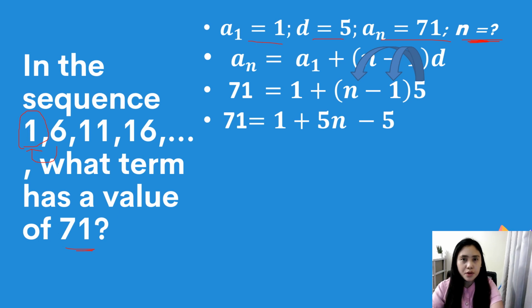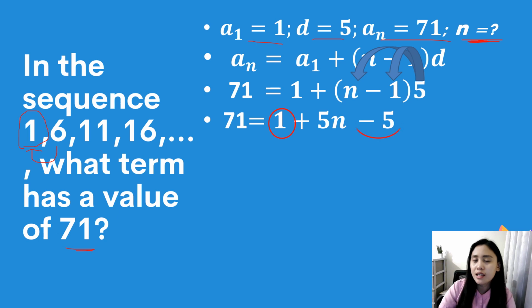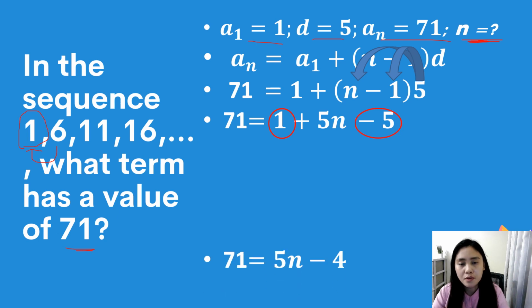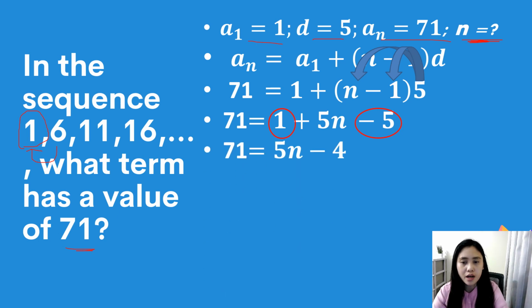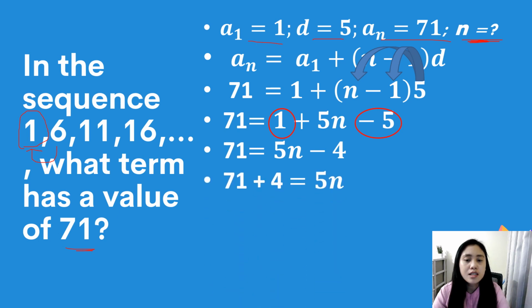Next step, we can combine positive 1 and negative 5. So just copy the other terms and then combine these two. From there, we'll have 71 equals 5n minus 4. Applying the addition property of equation, we will have 71 plus 4 equals 5n.